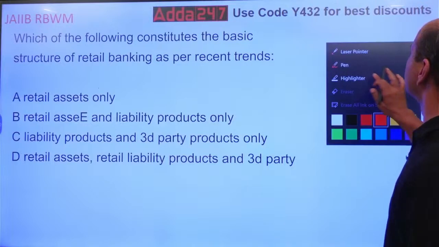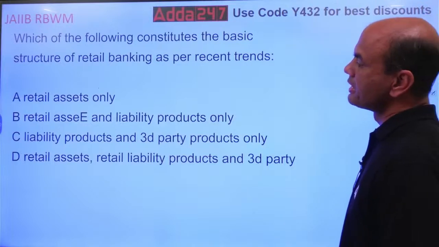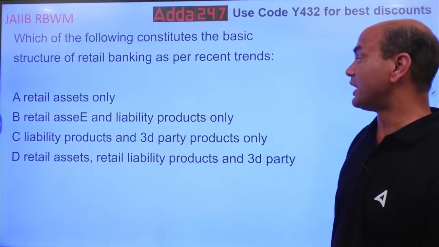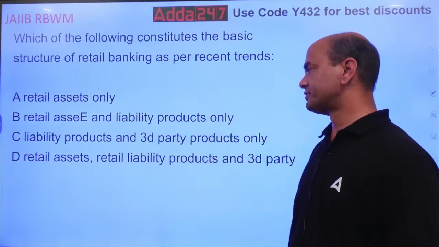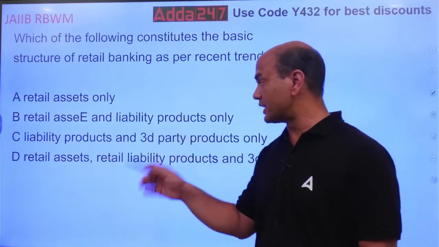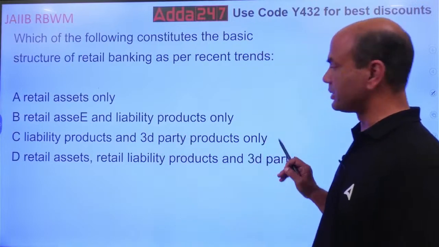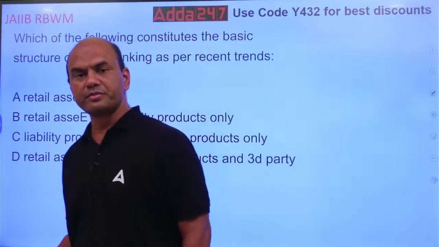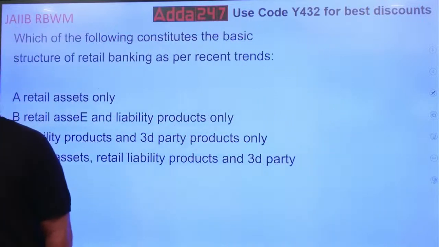Or is it retail asset and liability products? Is it liability and third party products? Is it retail assets, retail liability and third party products? All of them. Which of them constitute the basic structure?